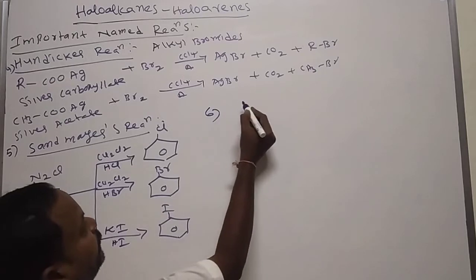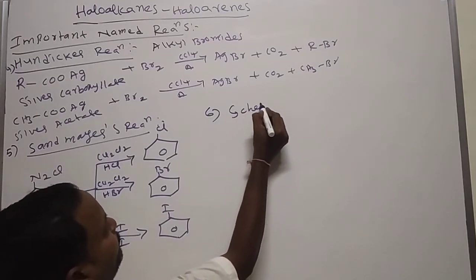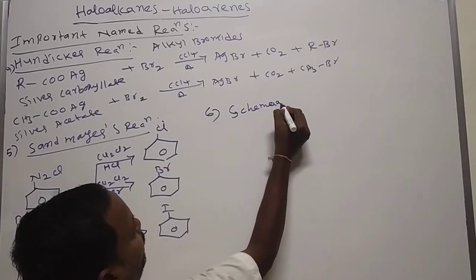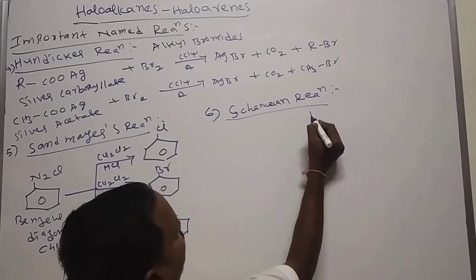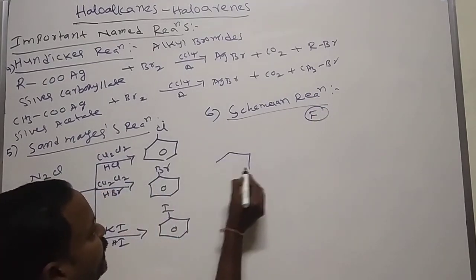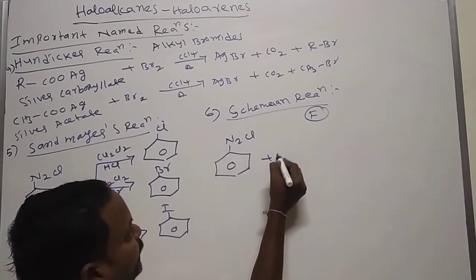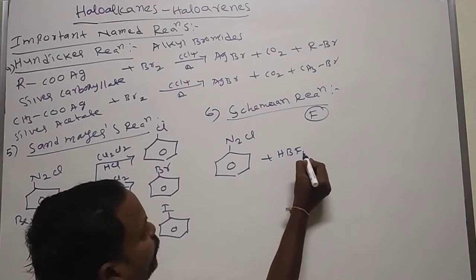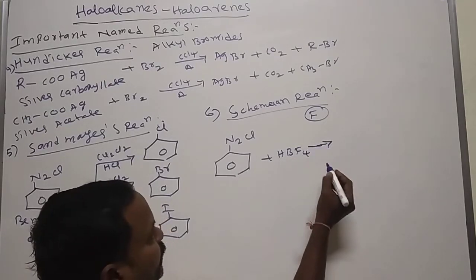And here is the preparation of chlorobenzene. Now the Schiemann reaction. The Schiemann reaction is used for the preparation of fluorobenzene. Take benzene diazonium chloride, react with HBF4, fluoroboric acid.